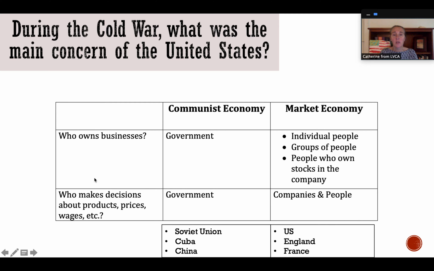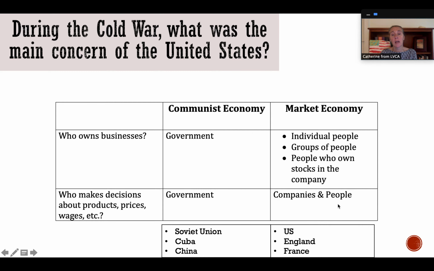I need to stop to explain for just a minute the difference between a communist economy and a market economy. In a communist economy, the government owns the businesses. In a market economy, individual people, groups of people, people who own stocks in the company, are the people who own the businesses. Who makes decisions about products, prices, wages, etc.? In a communist economy, the government makes those decisions.